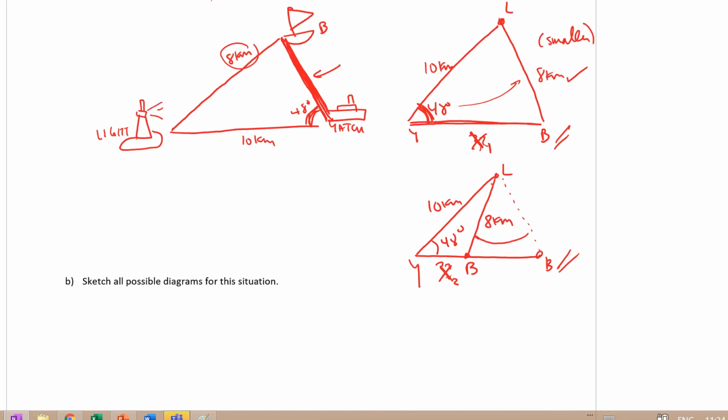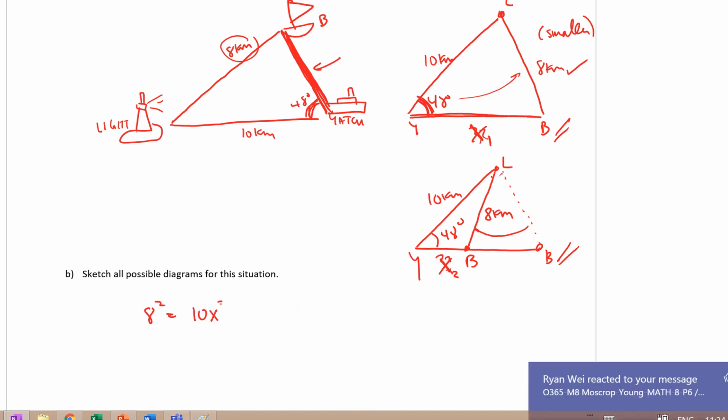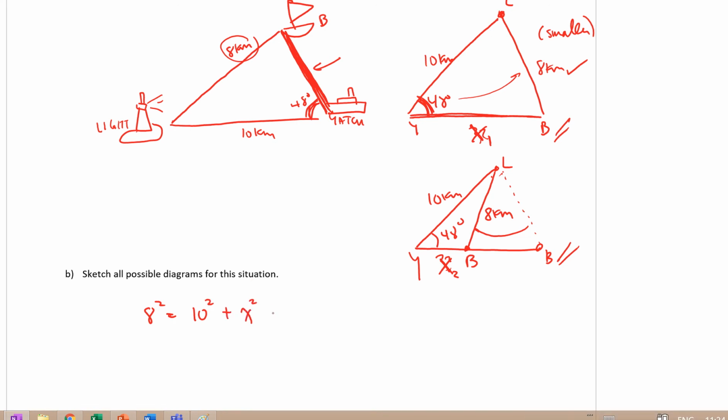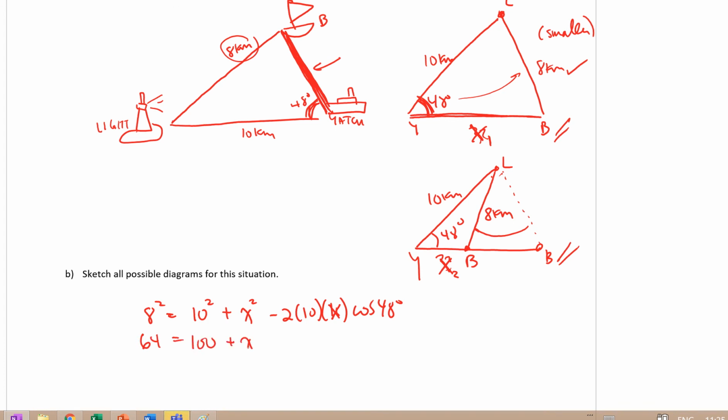I'll try and use the cosine law by going 8 squared, which is the opposite from the angle, is equal to 10 squared plus x squared minus 2 times 10 times x, and then cos of 48 degrees. Okay, so this becomes 64 equals 100 plus x squared minus 20x times cos 48, which is 0.640.